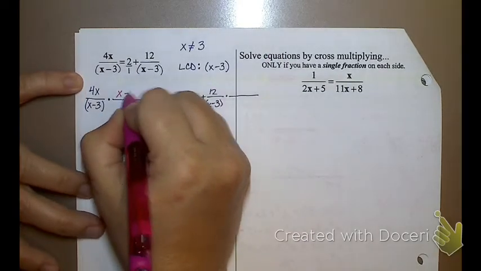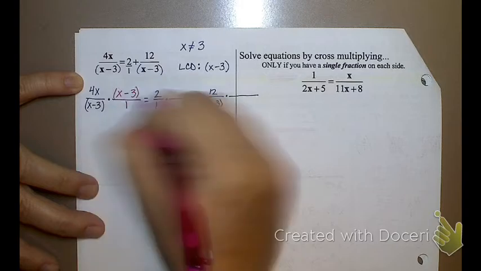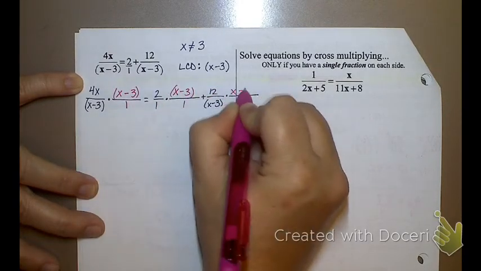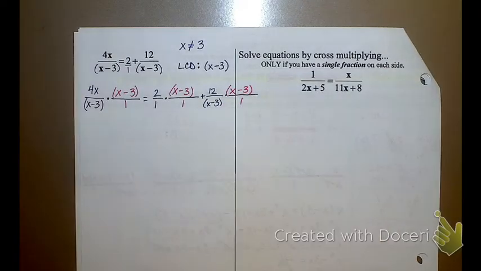X minus 3 over 1, x minus 3 over 1, and x minus 3 over 1. Why do I think it's important to do the 1 thing? So it's easier. Because you like multiplying a fraction by a fraction better than a fraction by a number, usually.